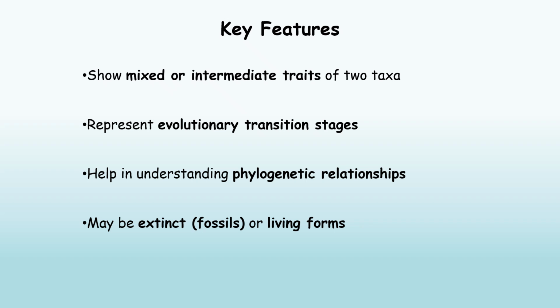They show mixed or intermediate traits of the two taxa or phyla, and they represent evolutionary transition stages. They can even help in understanding phylogenetic relationship studies among those two different phyla. These connecting links might be extinct and available as fossilized forms, or they might be living forms also.